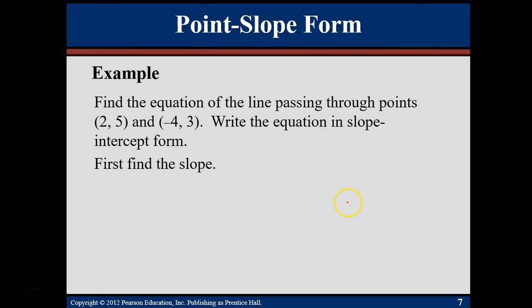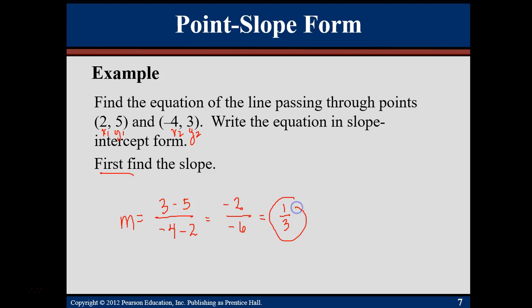Let's look at another. If I have 2, 5 and -4, 3, I'm going to let this be x1, y1, and this be x2, y2. I need to find that slope first, so I'm going to have m equal to y2 minus y1 over x2 minus x1, and I'll have -2 over -6. Negative divided by a negative is a positive, and I can reduce 2/6 to +1/3.